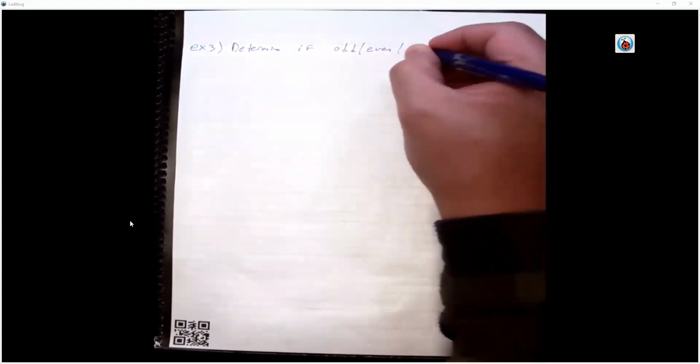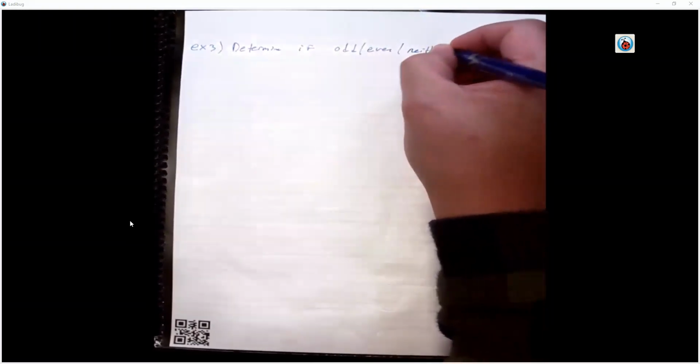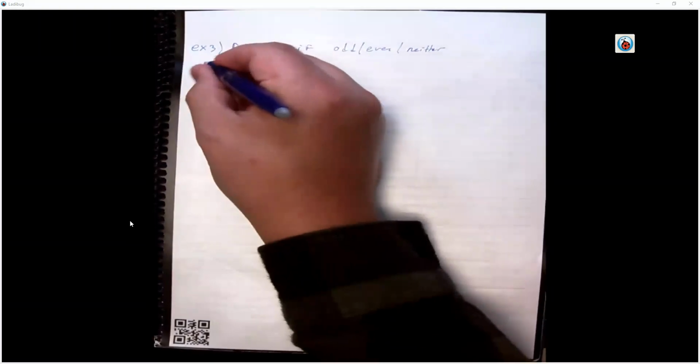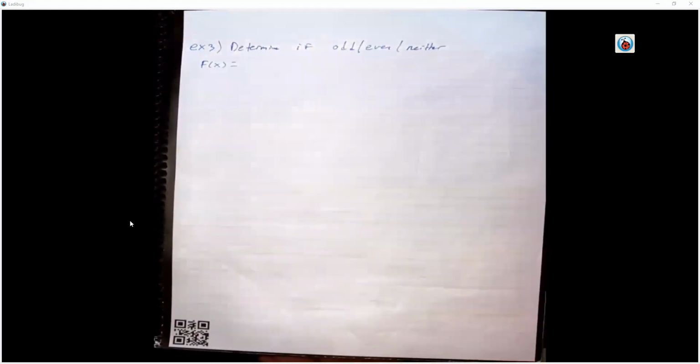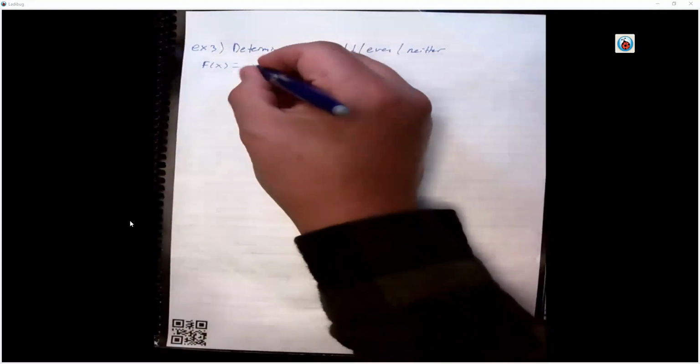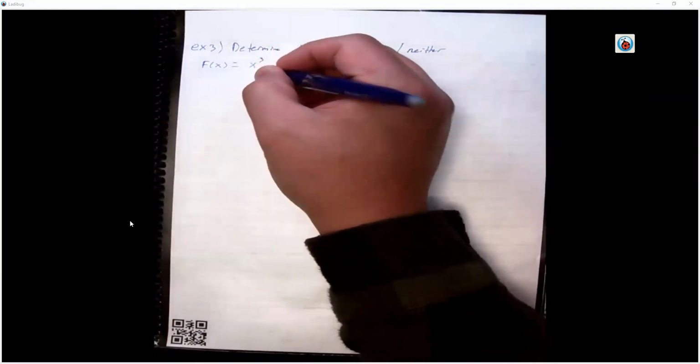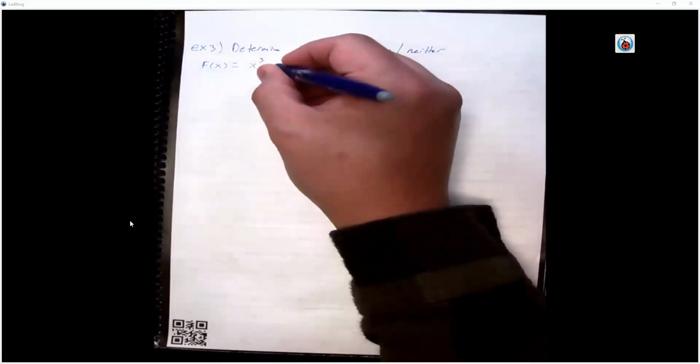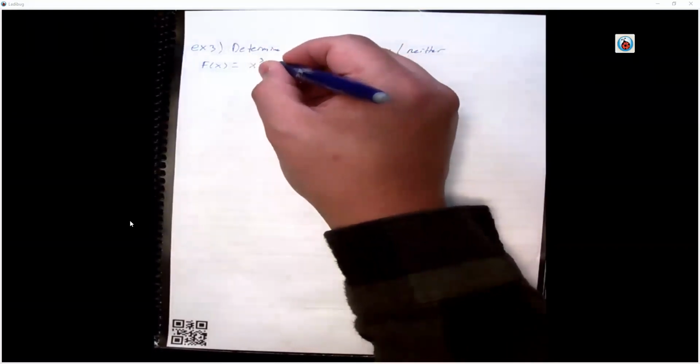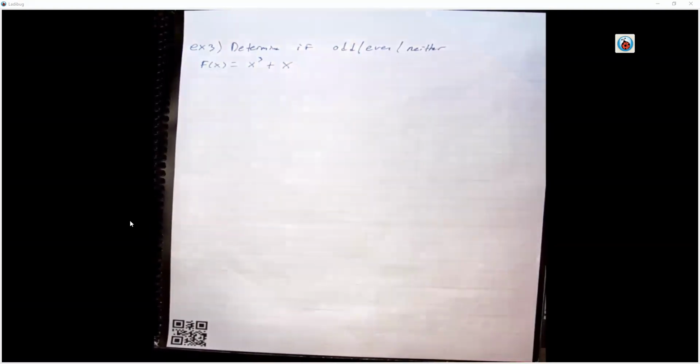Determine if it's even, odd, or neither. x cubed plus x.